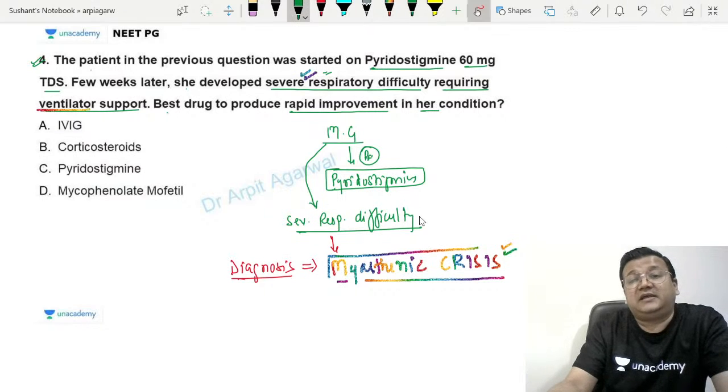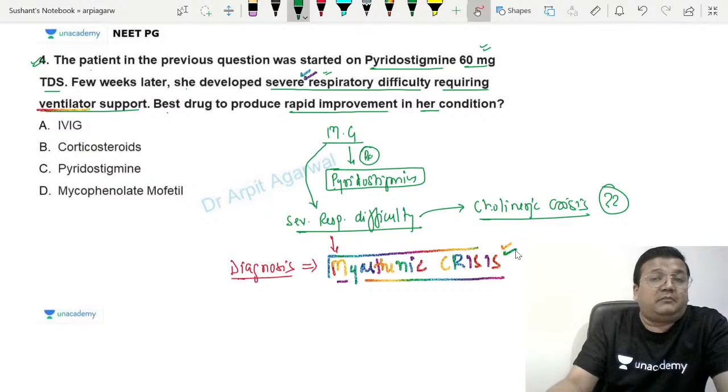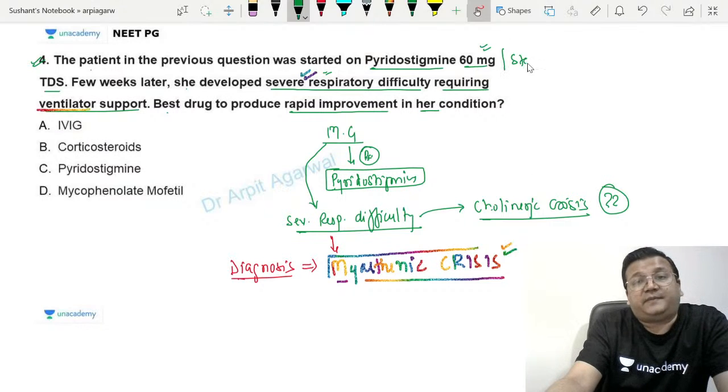Prabhakar says that it could also be cholinergic crisis, meaning we would have given an excess dose of pyridostigmine. But this is the standard dose. Most patients are maintained on 30 to 60 milligram three or four times a day.